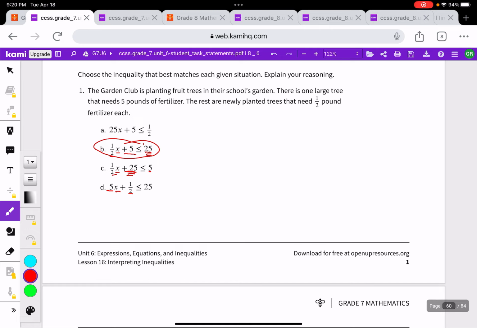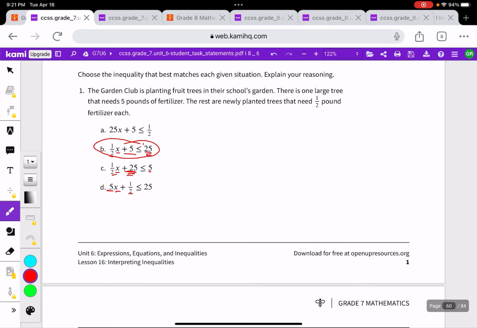Number 1, if you're wondering what kind of question could I ask, it's kind of saying, if I have 25 pounds of fertilizer, how many newly planted trees can I plant? If you look at that equation, that X, remember, is the number of newly planted trees.